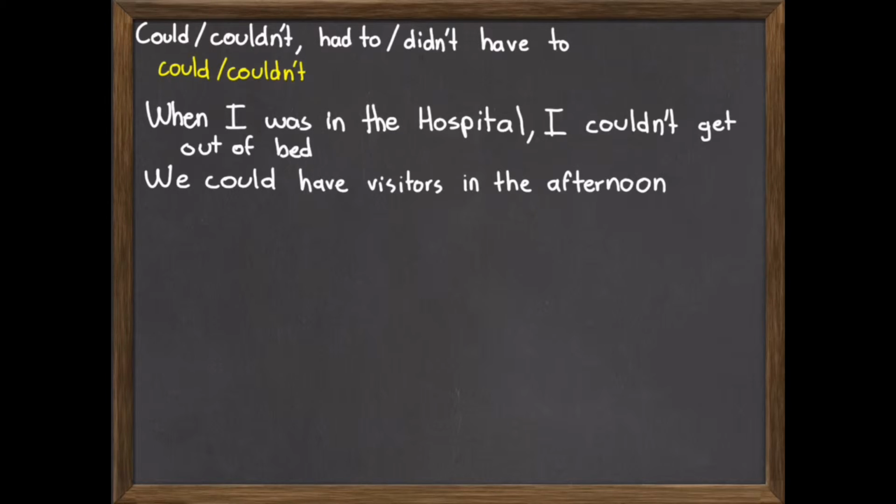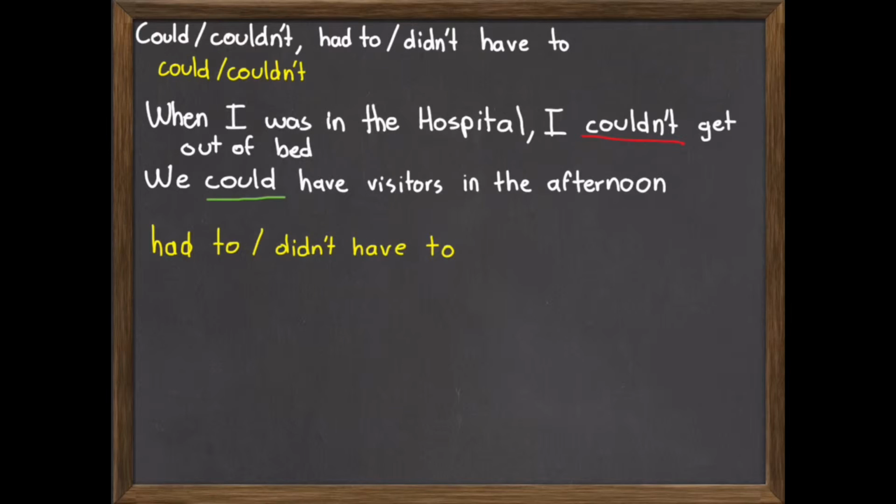That means that it wasn't possible or it wasn't allowed to get out of bed. In the second sentence, we could have visitors in the afternoon, which means that it was possible.